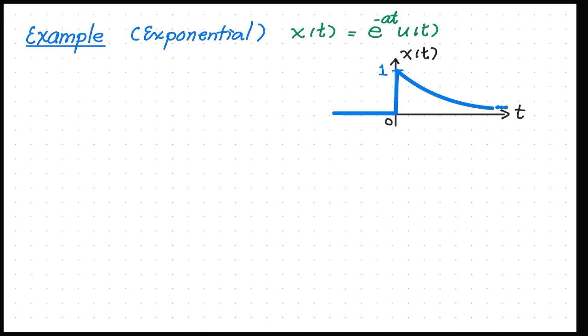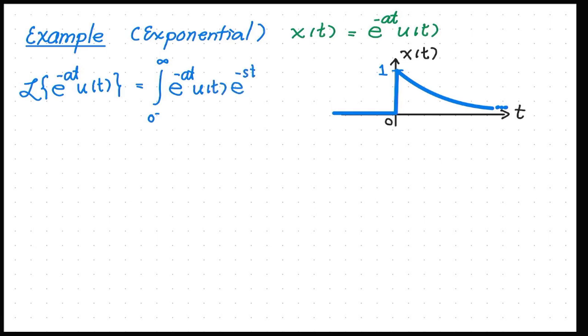Now, let's take the Laplace transform of this one. The Laplace transform of e to the negative a t u(t), by definition, is the integral starting from 0 negative to infinity of e to the negative a t u(t) times e to the negative s t dt. Let's move faster.